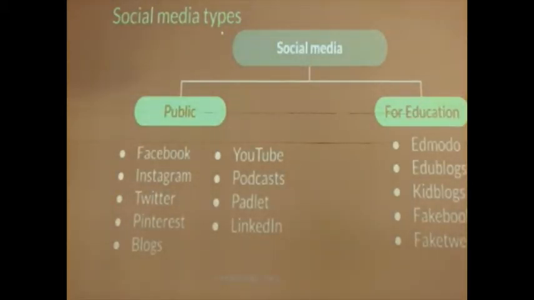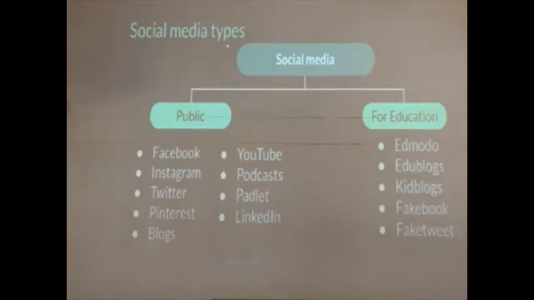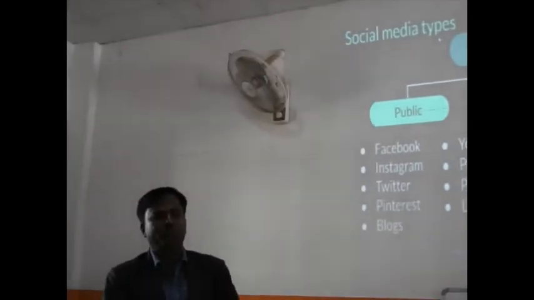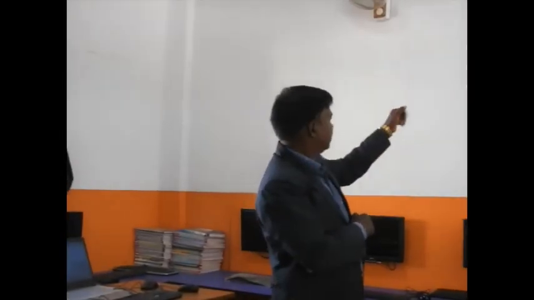So these are some popular social networks. Some are made for education purposes and some are for public purposes. But publicly we can use this. Publicly it is given, but for education purposes also, this Facebook, Facebook profile, and Facebook group we can use. Downside it is given Twitter and Instagram.